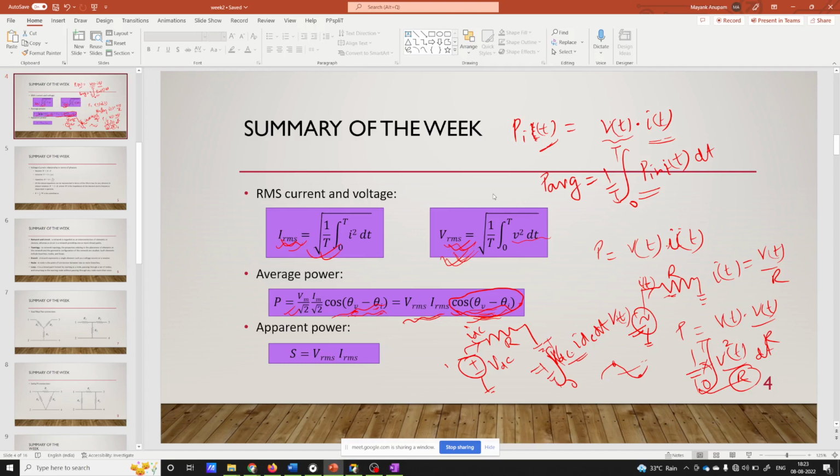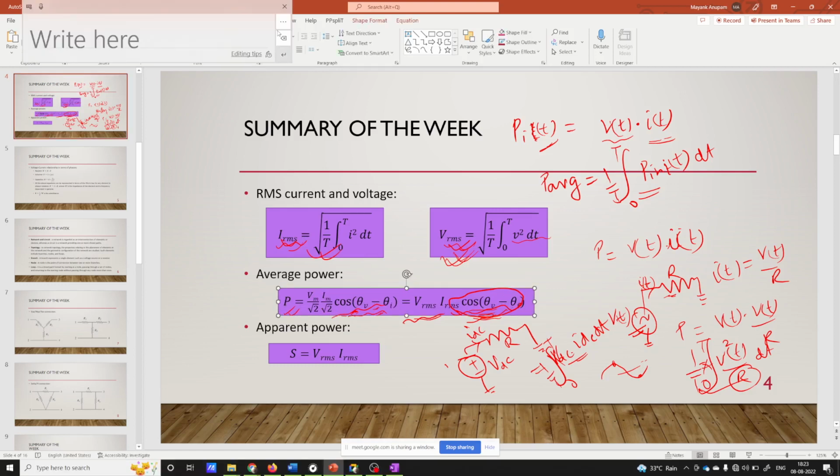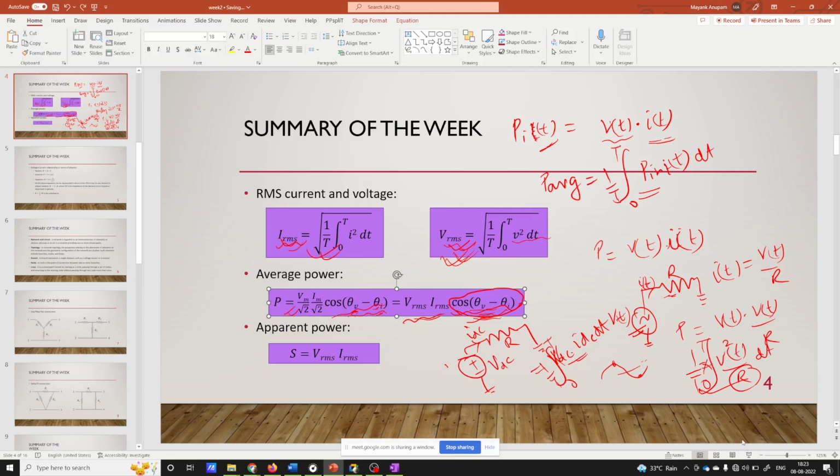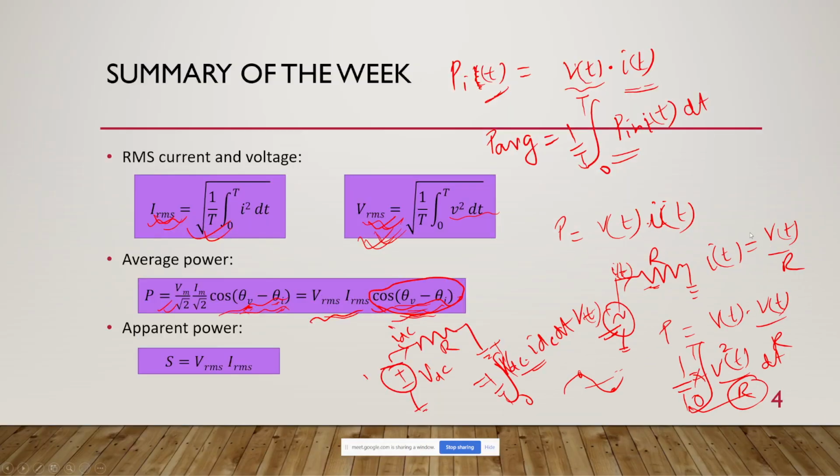So basically, in this expression for p, this is the average power. You see there is a Vrms times Irms times cos(theta v minus theta I). So this is basically the power factor, and this Vrms times Irms is referred to as the apparent power.